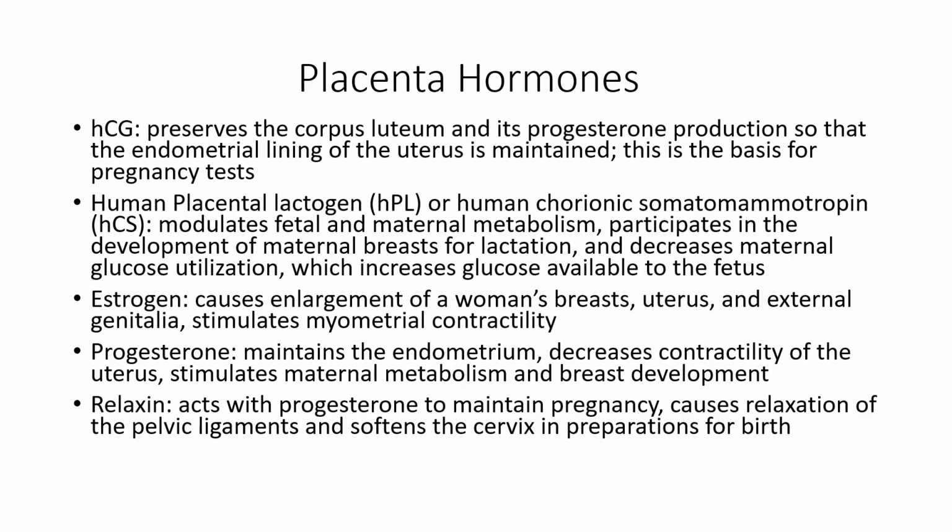The placenta produces a lot of different hormones. When a patient is pregnant, the most important hormone is the HCG hormone. This is the hormone that incorporates the lutein and the progesterone production. It is the basis of testing whether or not a patient is positive for a pregnancy.